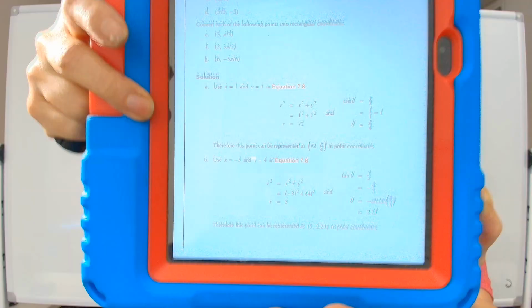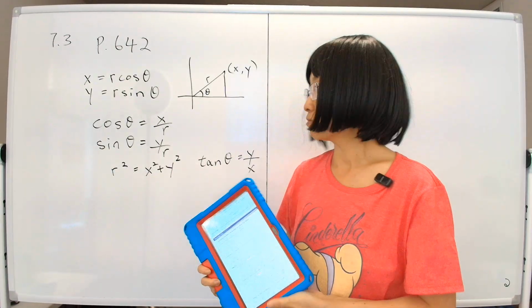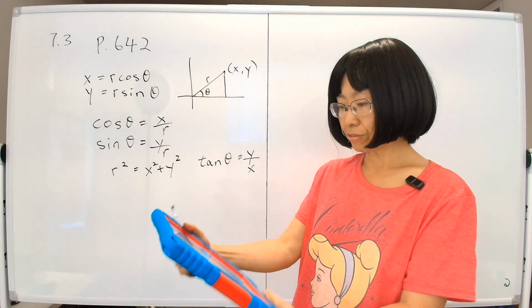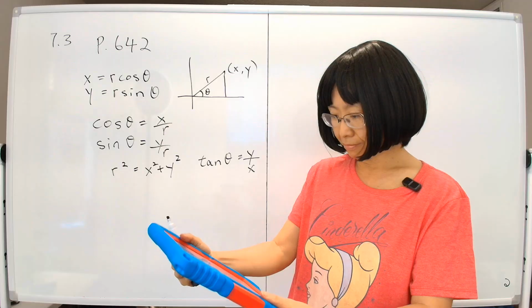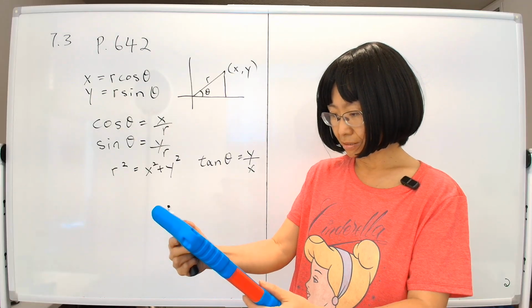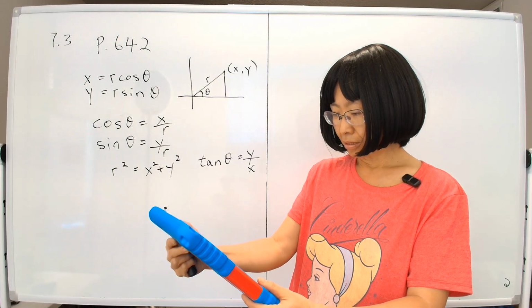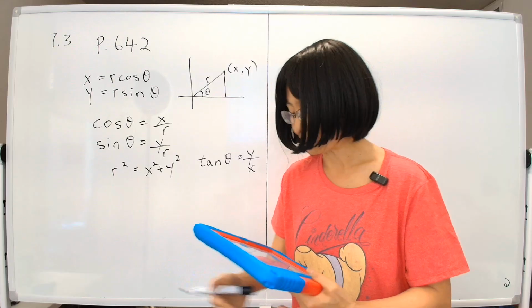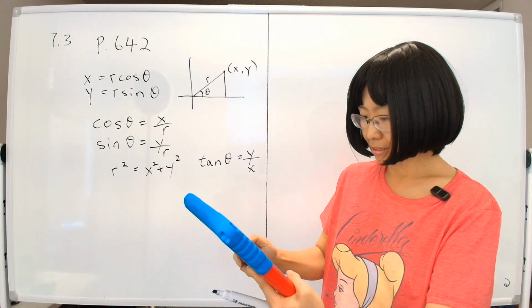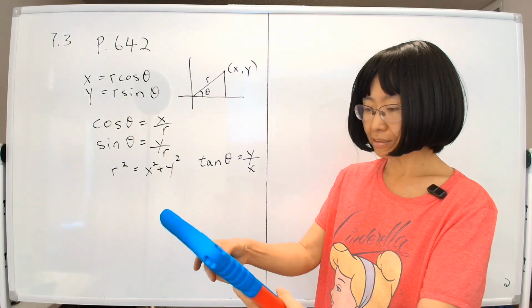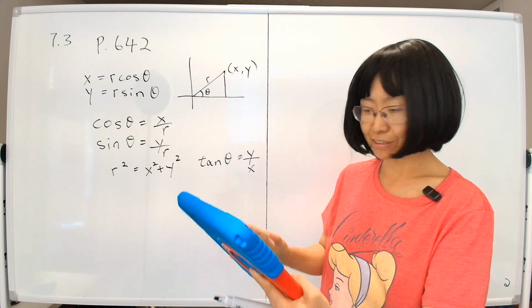But as you can remember, r and theta are not unique. For example, a negative value of r can also satisfy this problem. But for now, let's not worry about that. We'll just come up with this value for now.